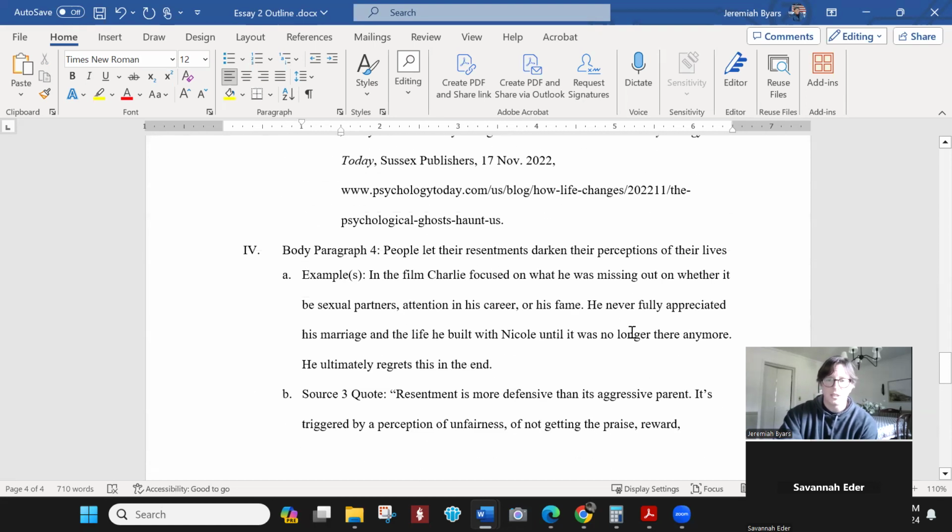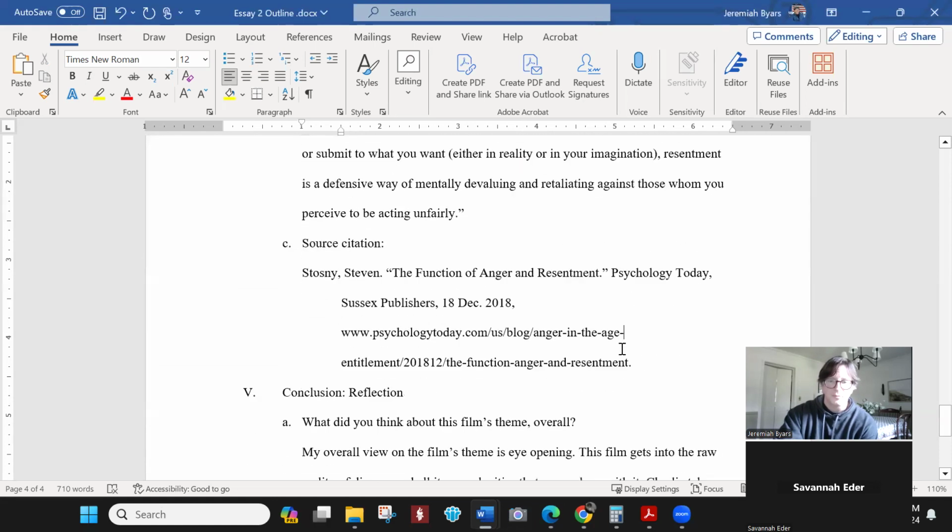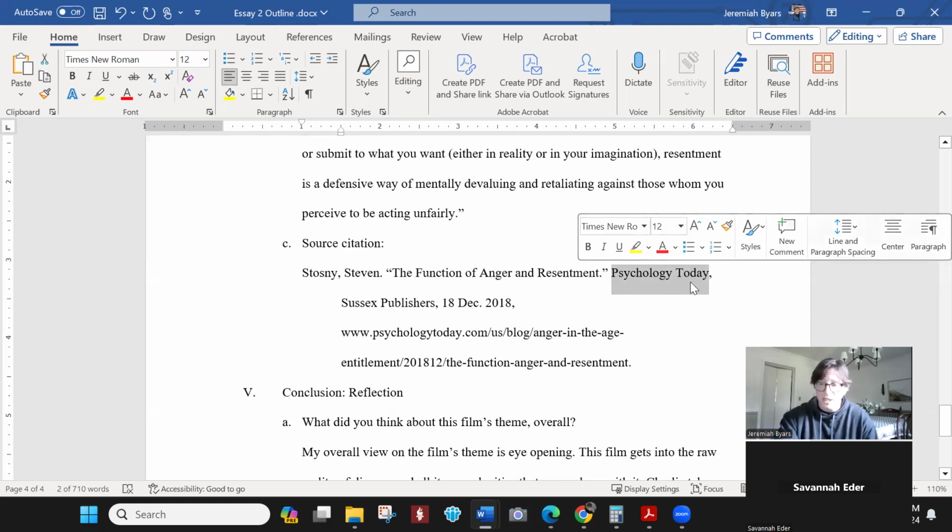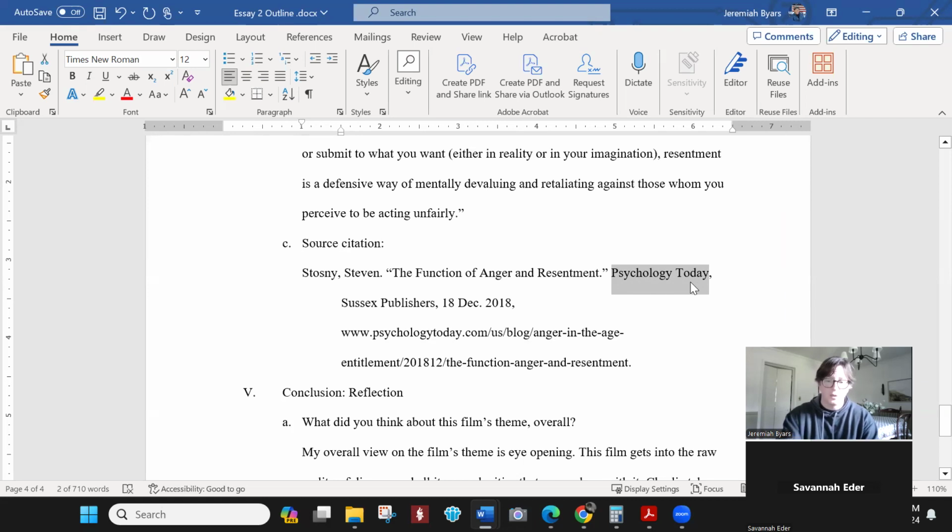Now, in terms of sources, this person here has multiple sources from the same publisher, Psychology Today, but they're different articles, which is great, okay? Some people's outlines have the same source for multiple paragraphs. Even if it's different quotes, it's not 3 different quotes, it's 3 different sources, all right?